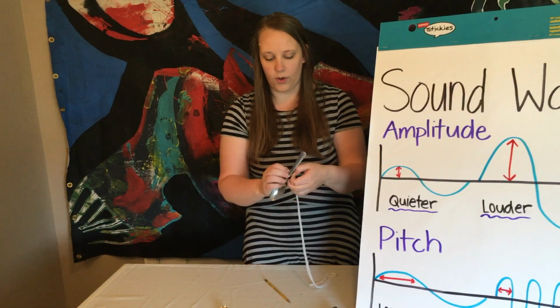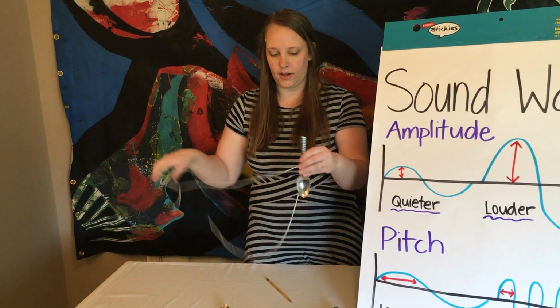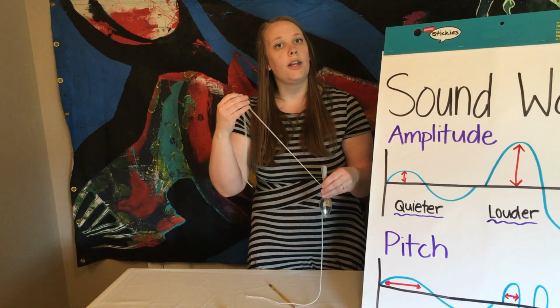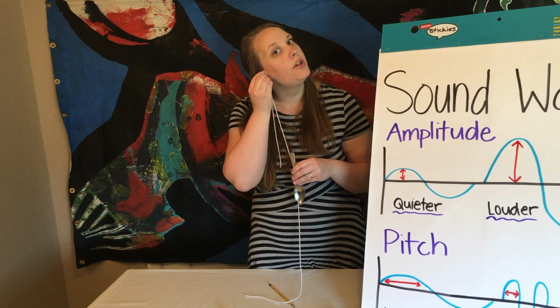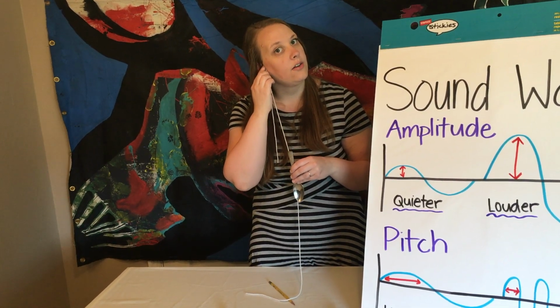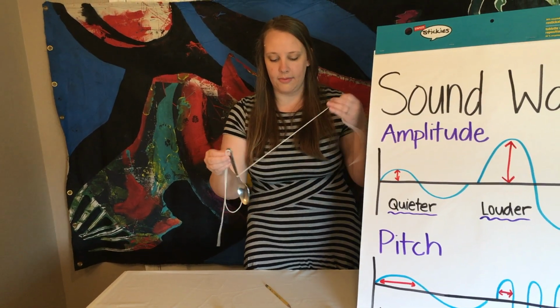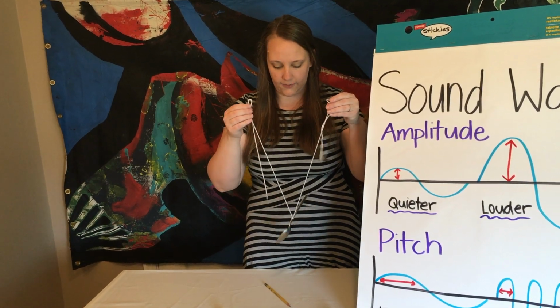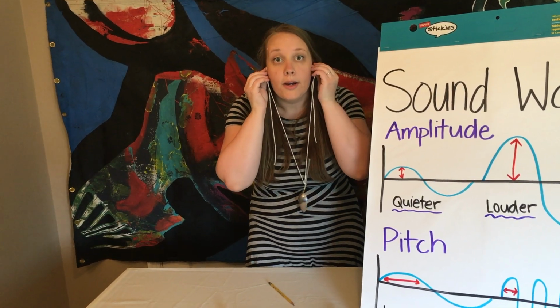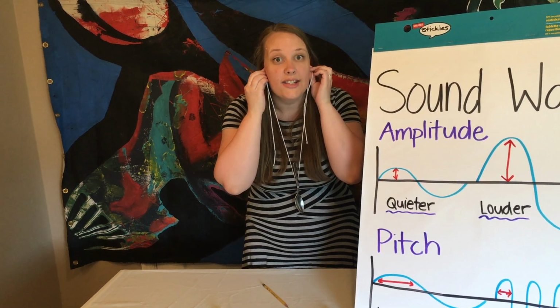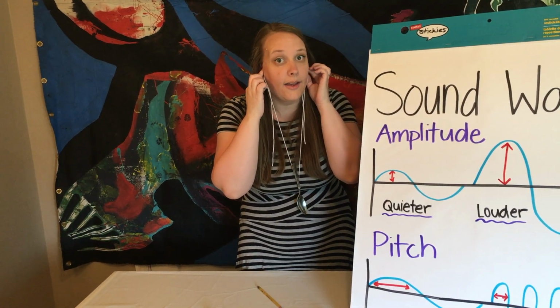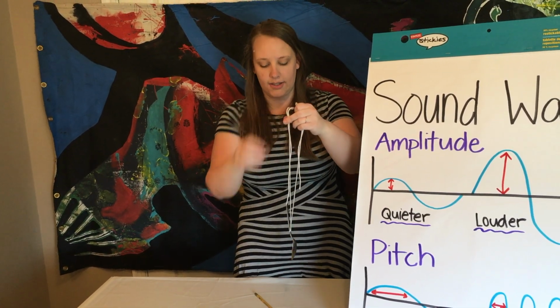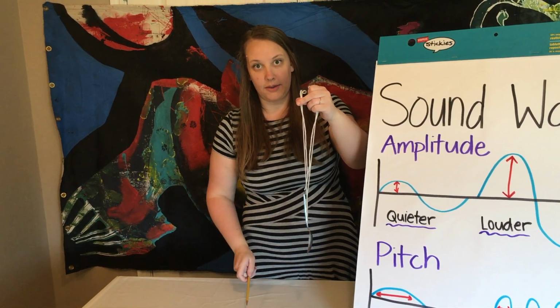You're going to take one side of the yarn and press it up against your ear, like you're plugging your ears. And you're going to do the same thing on the other side. I like to have it kind of even, and I'm going to press them both to the outside of my ears, so I'm plugging them. And then your friend is going to tap the spoon.